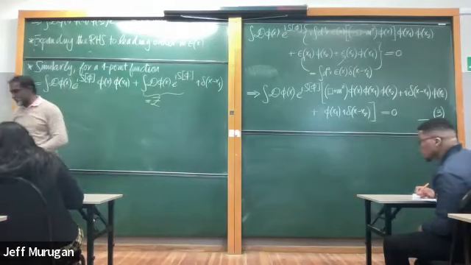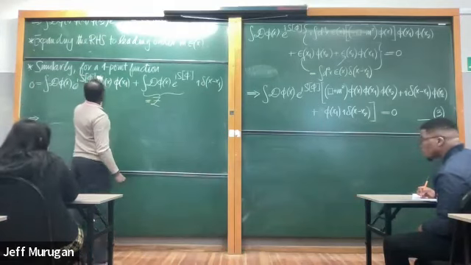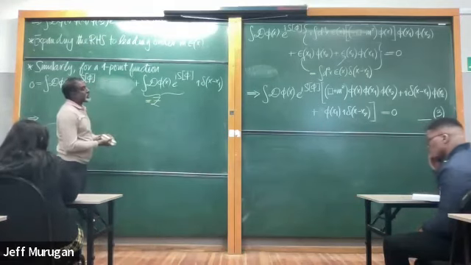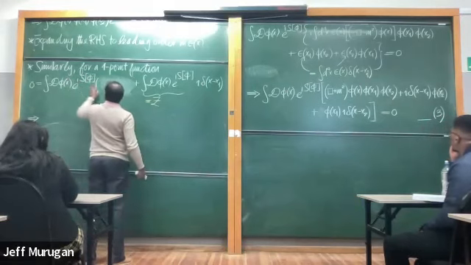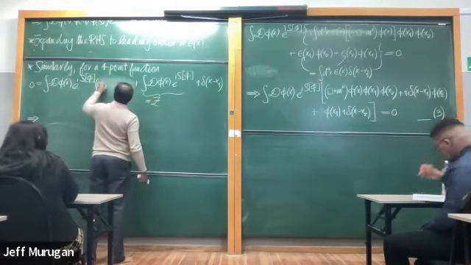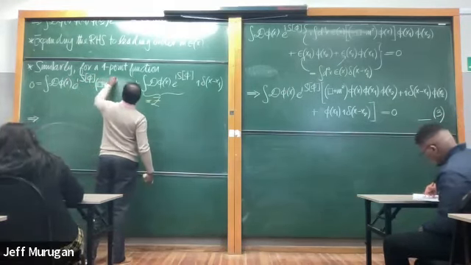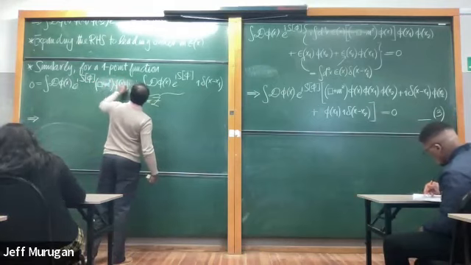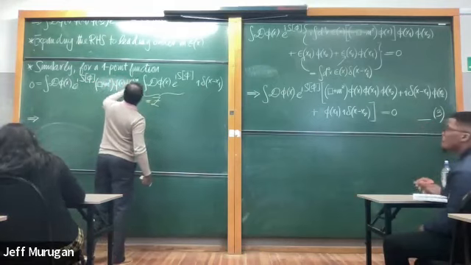Oh, sorry. I'm seeing a factor here. That factor is box plus m squared acting on x.